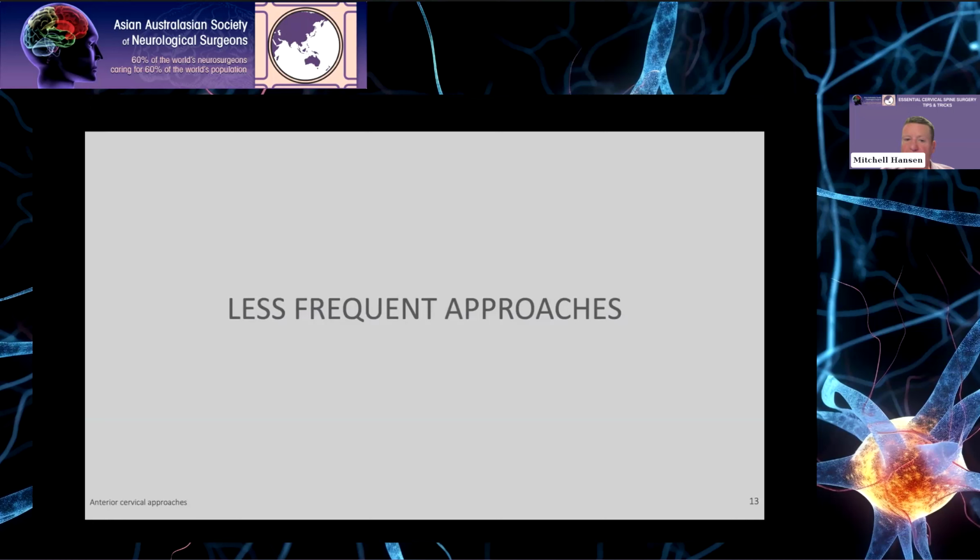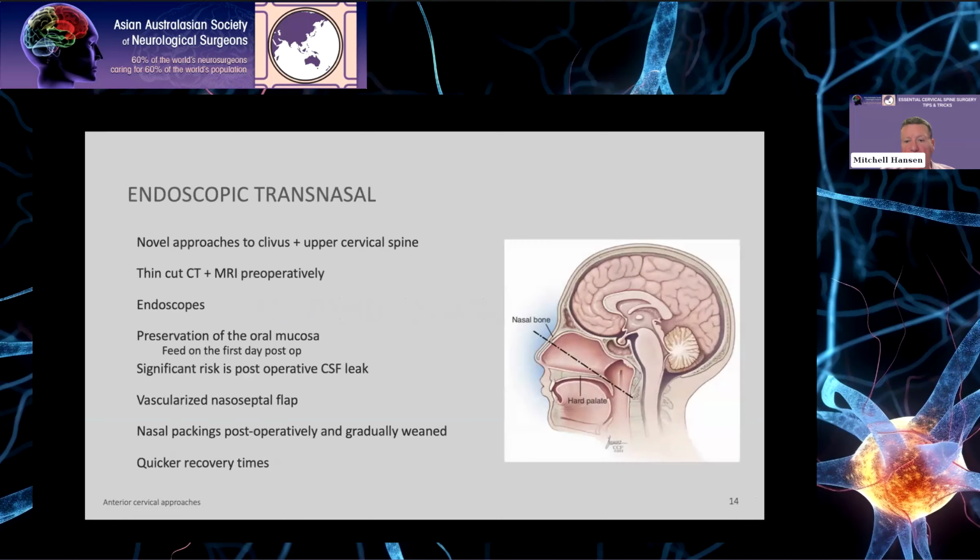Less frequent approaches to the spine that need to be used. We can look at an endoscopic transnasal approach. This can get us to the clivus, and also to the upper cervical spine, down to C3 as possible, depending on extension of the neck. Fine cut CT and MRI are used preoperatively to plan the approach. And there's a number of different endoscopes to use now to get us in and quite down low.